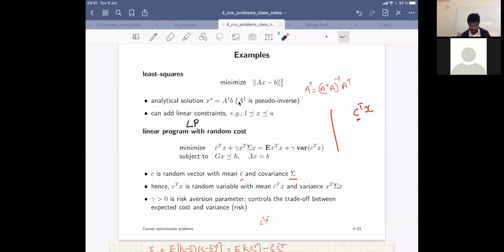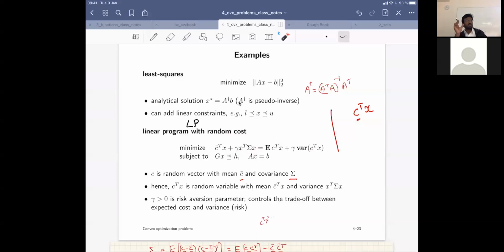So what we just saw was a linear program with a random cost, where the cost is this C. For example, in our diet problem, C was the prices, right? The price is not fixed. We are going to purchase it maybe 5 days later. I don't know the exact price, but I know a mean value and how much it can vary.